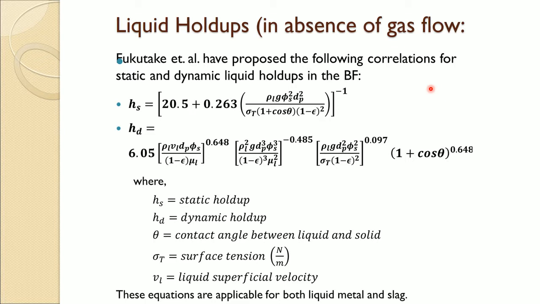But the way Fukutek et al. developed this correlation, they did not have side injection, they had bottom injection, so you do not see that sort of phenomenon. Still, in absence of any other acceptable correlation, one can use this correlation for the blast furnace till further development takes place in this direction.